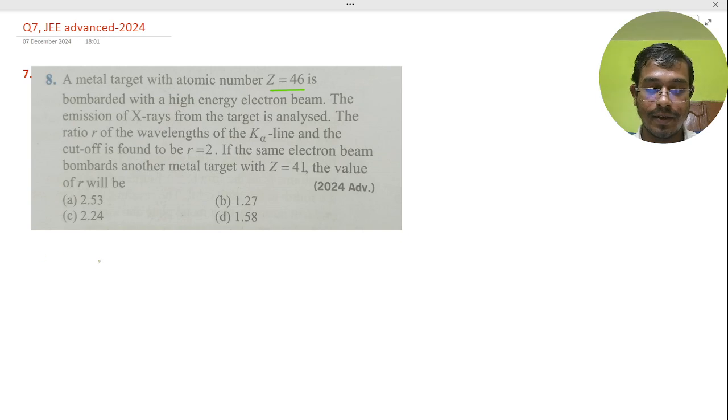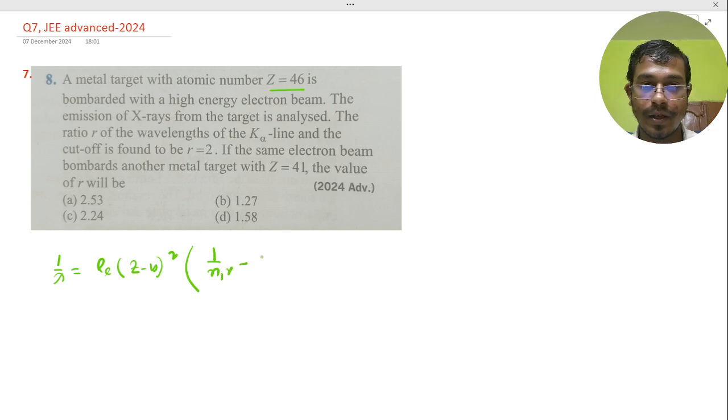Basically here, given 1 by lambda is equal to RZ minus b whole square, 1 by n1 square minus 1 by n2 square. Since the voltage across the X-ray tube is constant, lambda naught will remain constant.